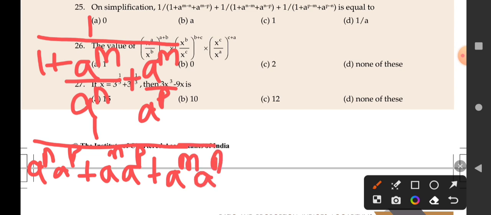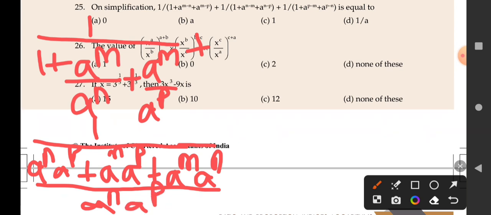Similarly, if the equations here are divided again by a power n, when you are able to solve the first term, the other terms follow the same method.